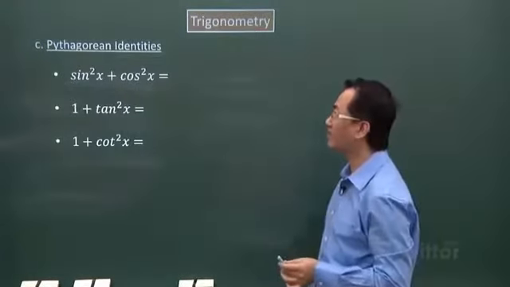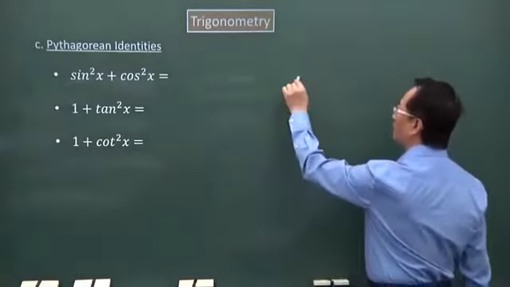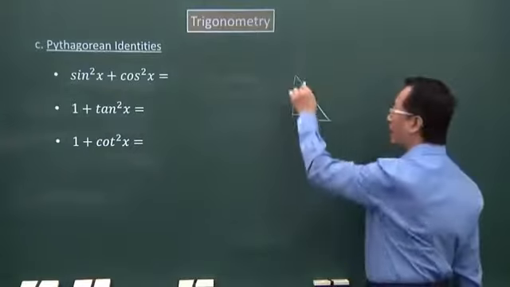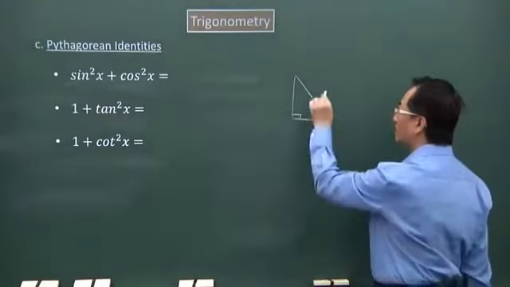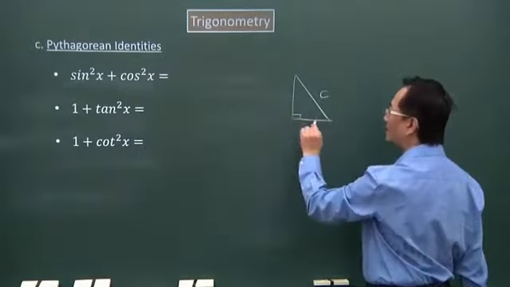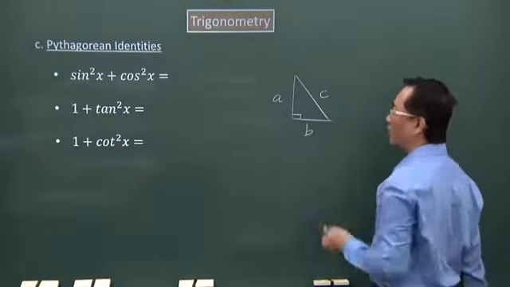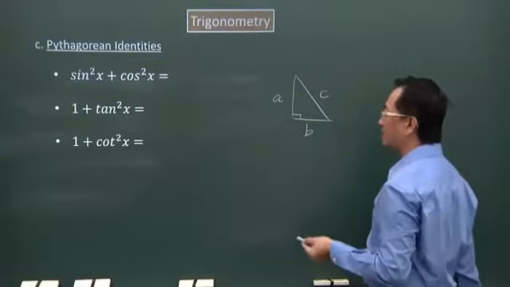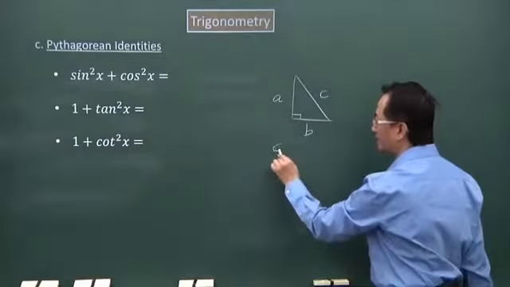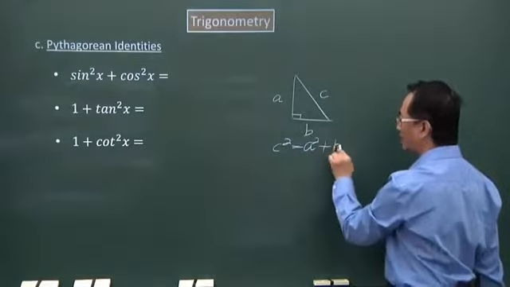Next, we have the Pythagorean identities. When we talk about Pythagoras theorem, if I'm looking at a right angle triangle, naming this longest side as C, then the other two sides, one I call A, the other I call B. With these three sides, you can relate them simply by C squared equals A squared plus B squared.